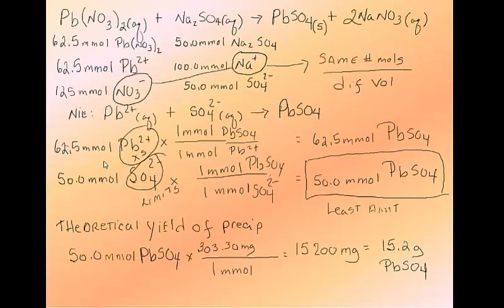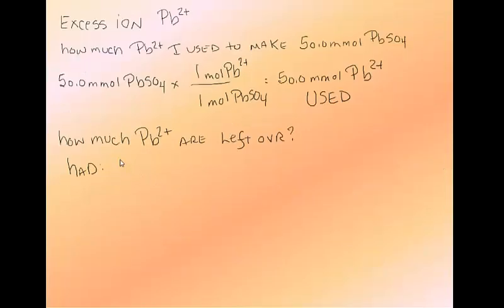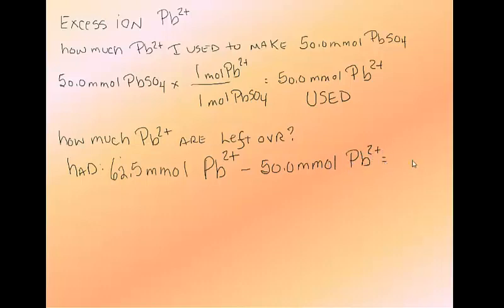I had 62.5 millimoles of the lead ion originally before mixing. I used 50 of them to make my precipitate, my 15 grams. That leaves 12.5 millimoles of the lead ion left over.